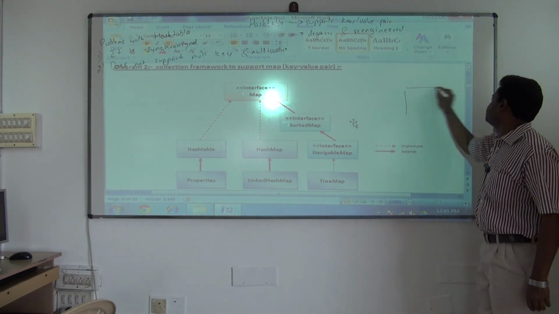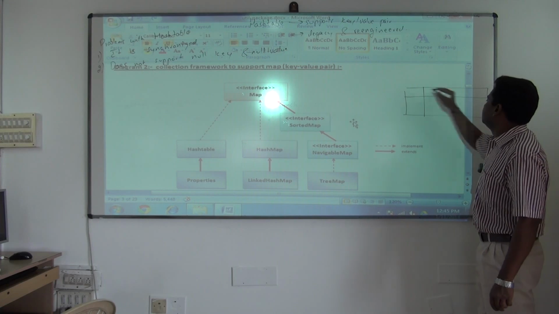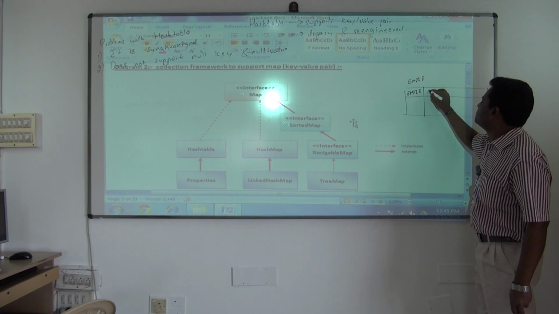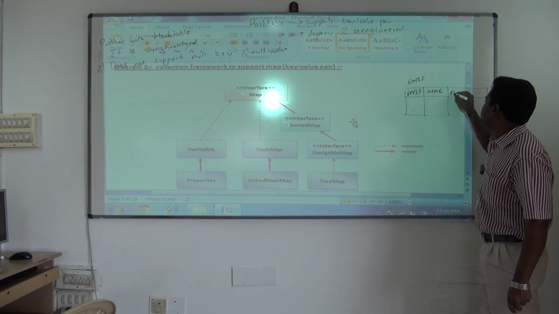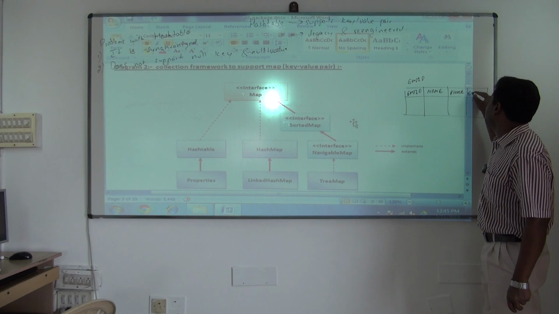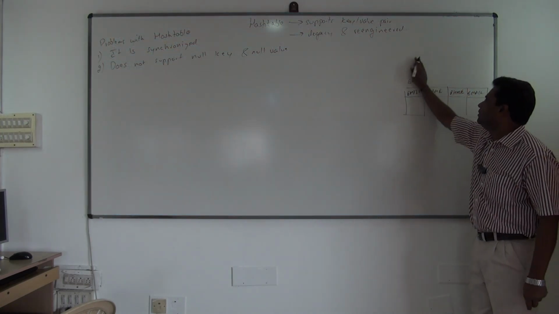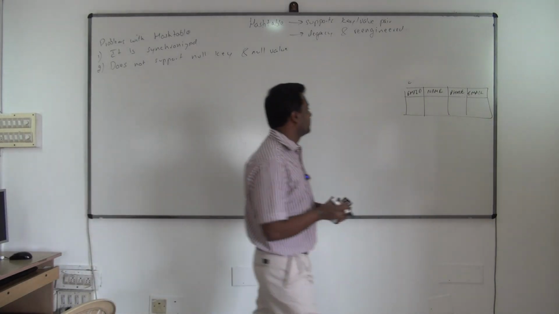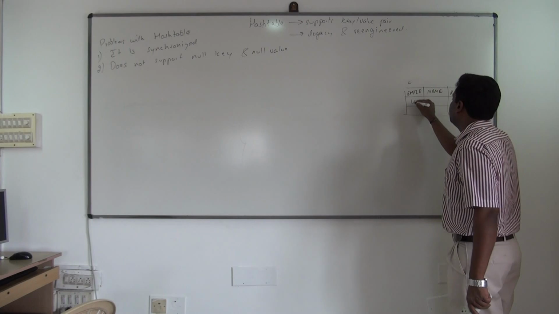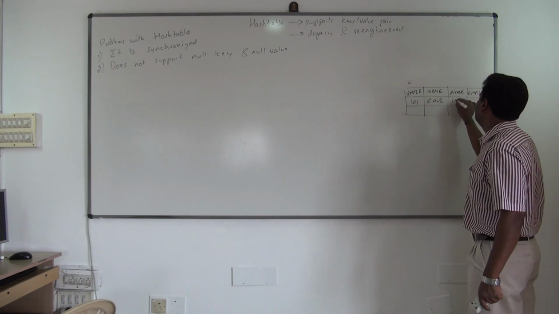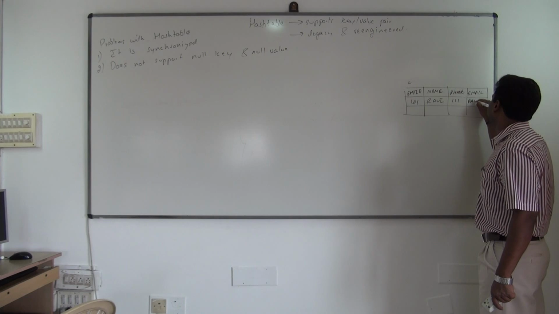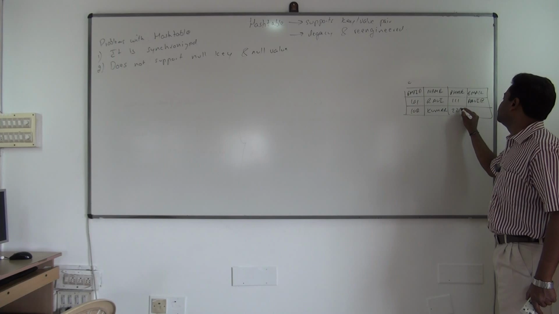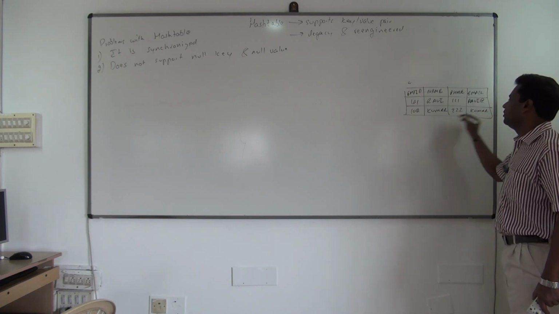Understood? See, this is a table now in your database. So this is employee ID, this is name, this is phone, and this is email. Let's look at the possible conditions now, permutations and combinations. 101, Ravi, phone number 111, Ravi@gmail or something. 102, Kumar, 222, Kumar@cluster.com or something.